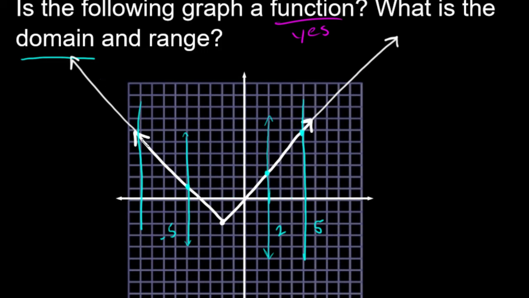All the values that it does intersect are part of your domain. Typically, it's easier to think about what numbers are not in your domain and then work around that. So right here I intersect, right here I intersect, right here I intersect, right here I intersect. If this kept going up and to the right, I would keep intersecting.